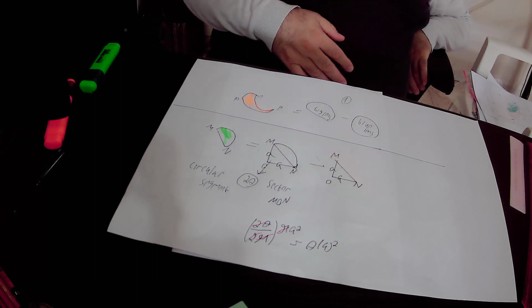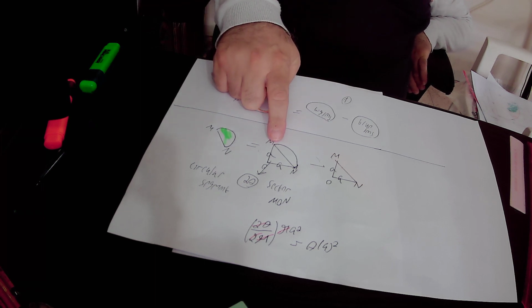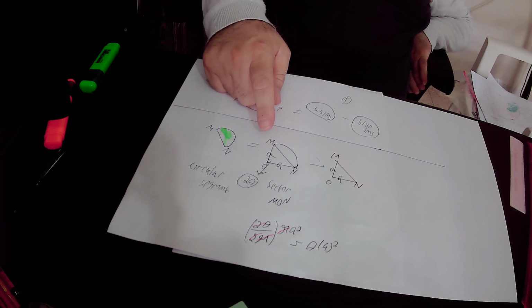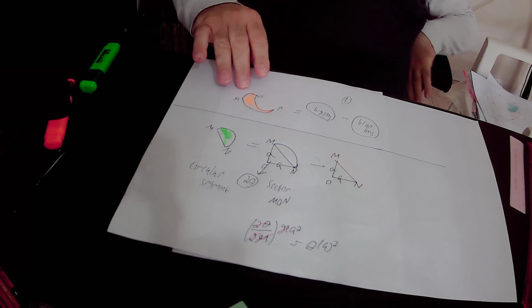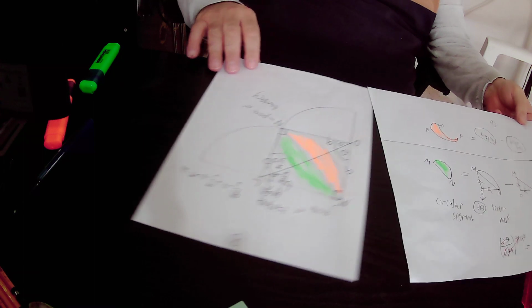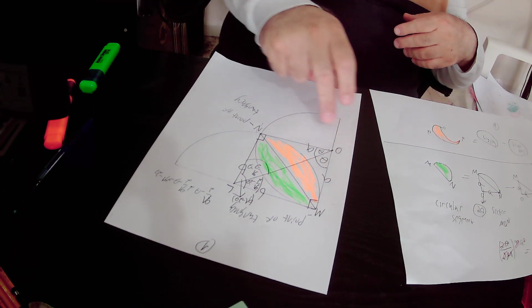So here, in order to find the area of sector MON, we have to find the size of angle MON, that is the angle between its legs. How can we find the value of angle MON?